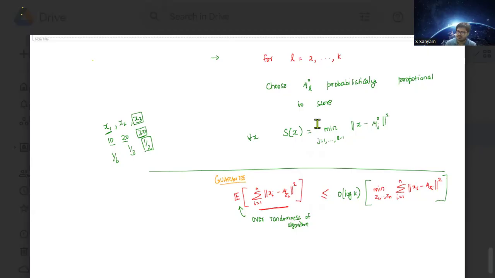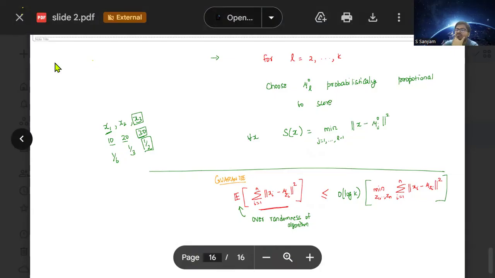Till now every data point is a candidate for the next cluster mean. So Sx is the minimum distance of every data point to the currently assigned means. As an example, till now we have chosen the first cluster. Say we have 10 points. This is the cluster mean. We have chosen randomly 10 points: first, second, third, fourth, fifth, sixth, seventh, eighth, ninth.